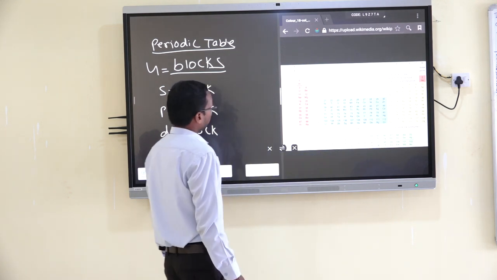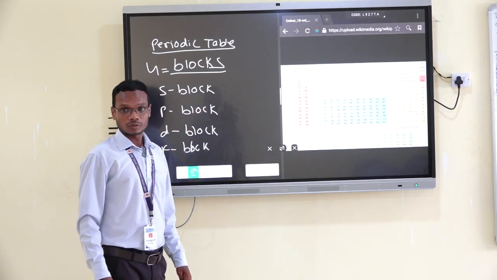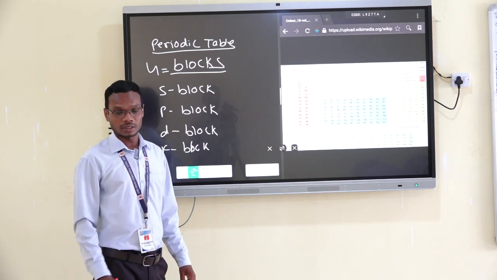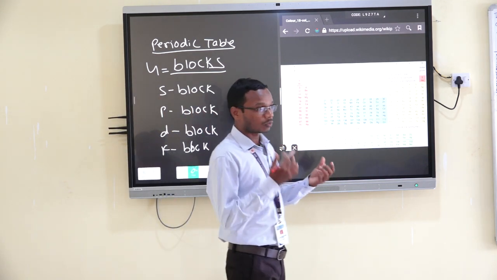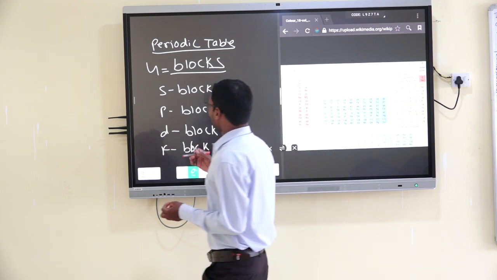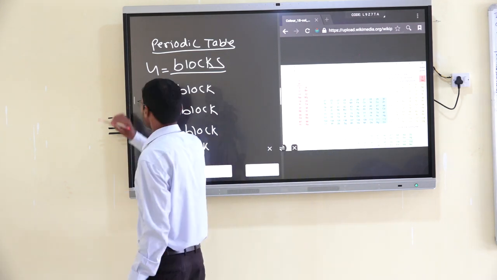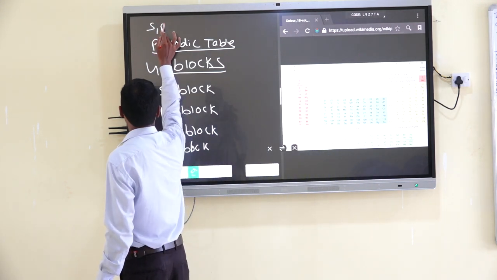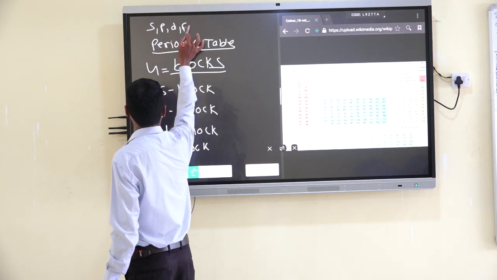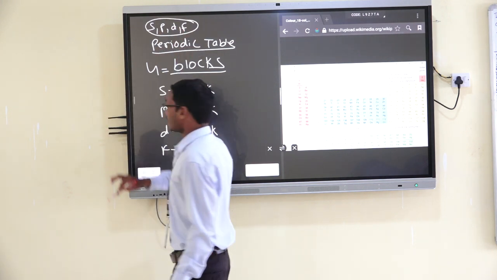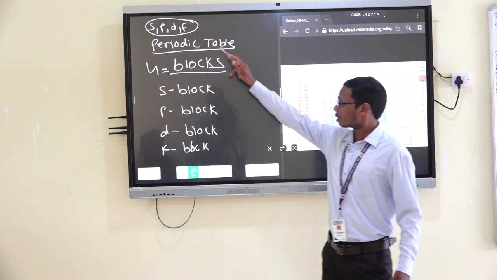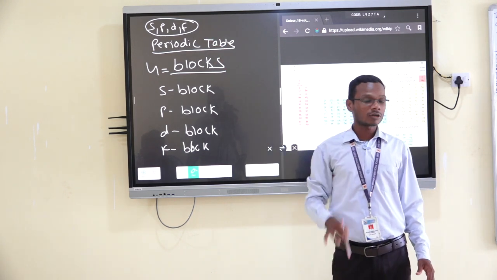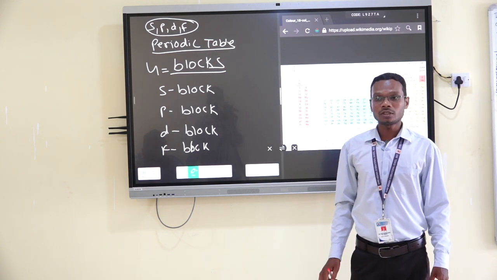You know electronic configuration, which we did in chapter 2. In that, there are 4 subshells: S, P, D, and F. When electrons are arranged in these orbitals, this is called electronic configuration. Already you know, yes or no?